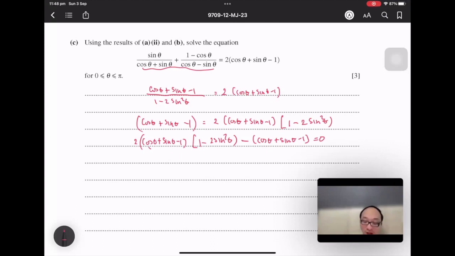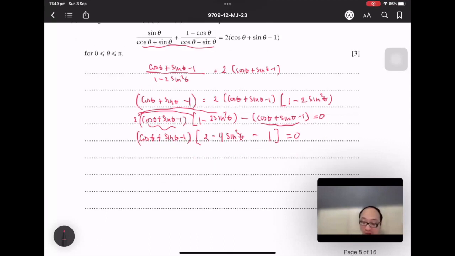And I can factorize this one because this is the same. So (cos theta plus sin theta minus 1), then this is 2 minus 4 sin squared theta, I multiply 2 inside here, and then minus 1 equals 0.